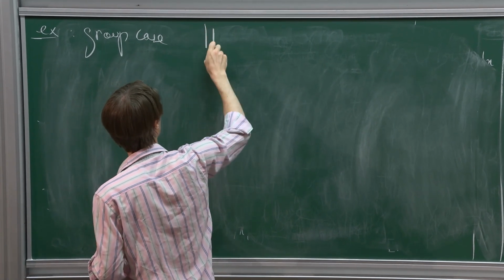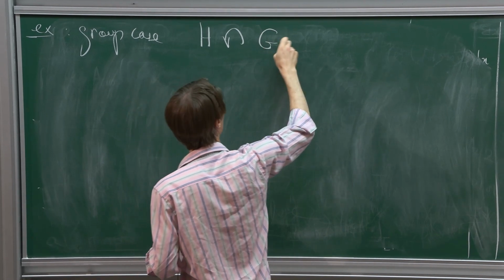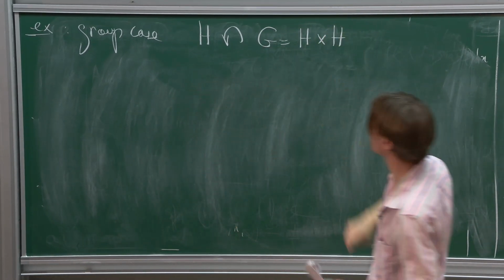The variety is H acted upon by two copies of H by left and right translation.